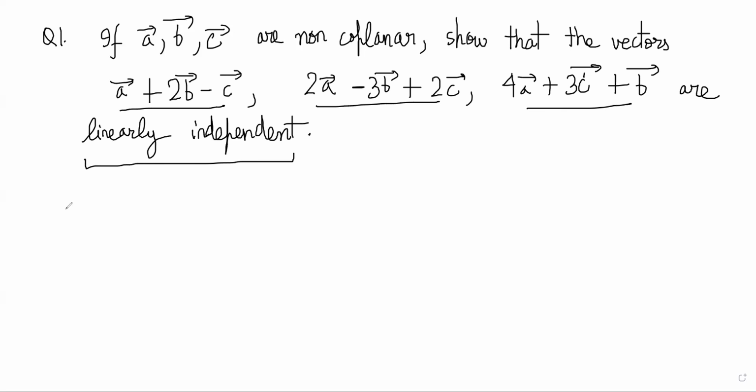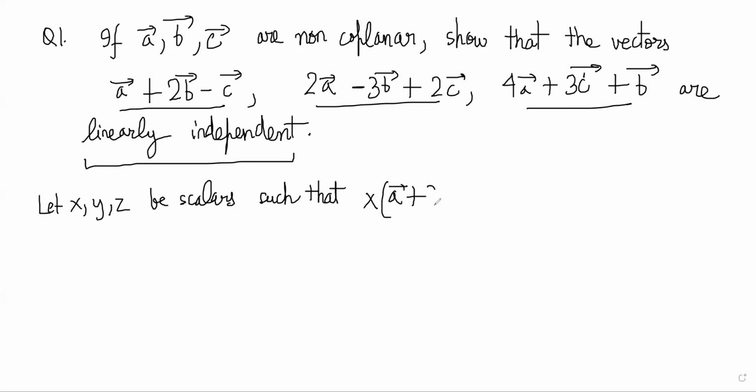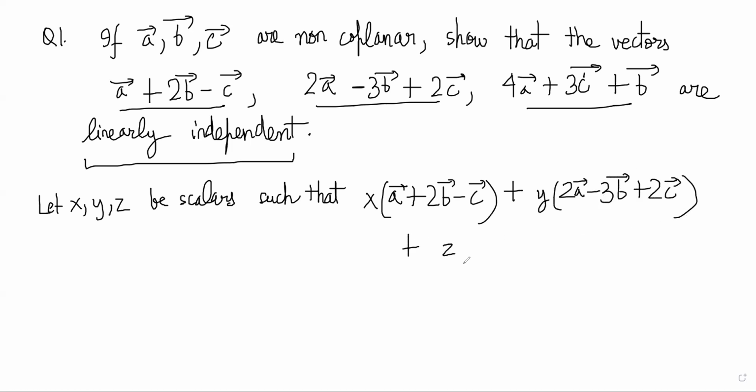So then we'll assume that x, y, z are scalars such that x times (A plus 2B minus C) plus y times (2A minus 3B plus 2C) plus z times (4A plus 3C plus B) is equal to 0 vector.